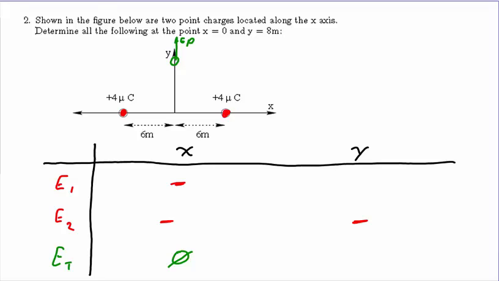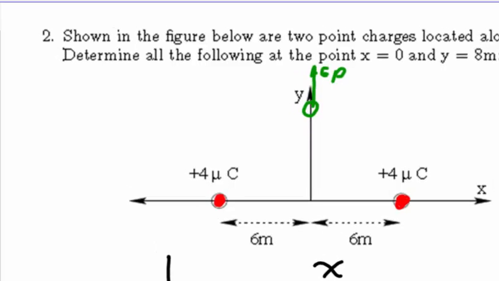So our final result will be that the y component of the total electric field is equal to twice E1y. Calculating a single component of a single electric field vector is going to be sufficient to give us the answer. Now let's go ahead and do that.